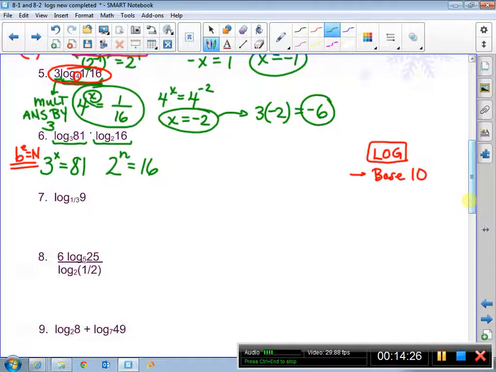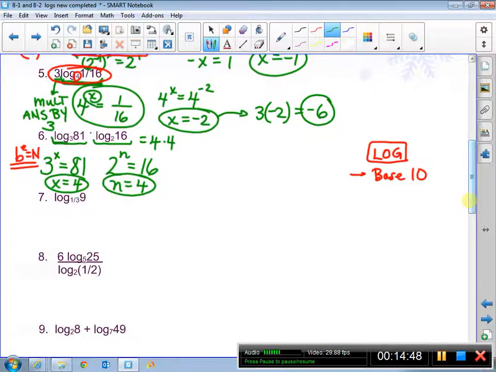So here, I know that 3 to the 4th is 81, so that first part equals 4. And here with n, I know that 2 to the 4th equals 16.